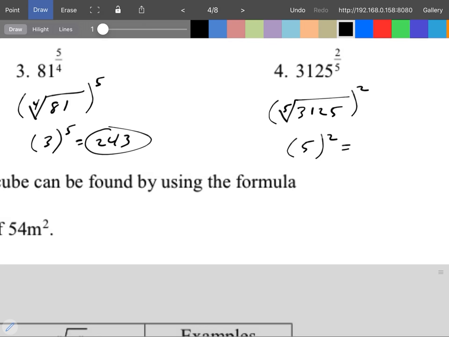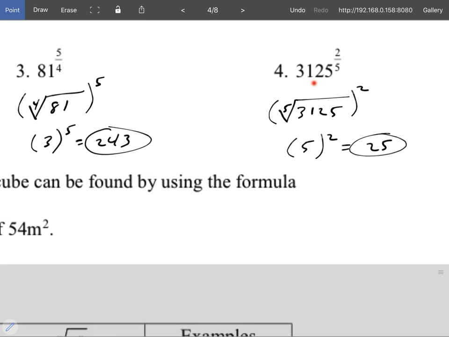Because 5 times 5 would be 25, times 5 would be 125, times 5 would be 625, times 5 would be 3,125. But anyways, the final answer on this one is just 5 to the 2nd power, so that's just 5 times 5, so it's 25. Again, the main point of this lesson is to be able to convert from this rational exponent form into radical form.